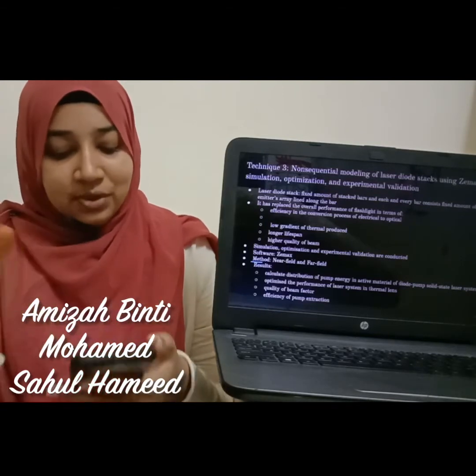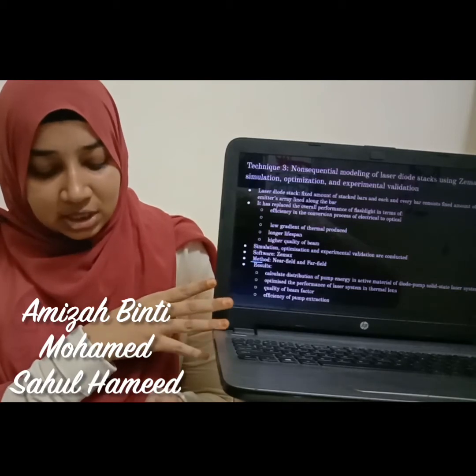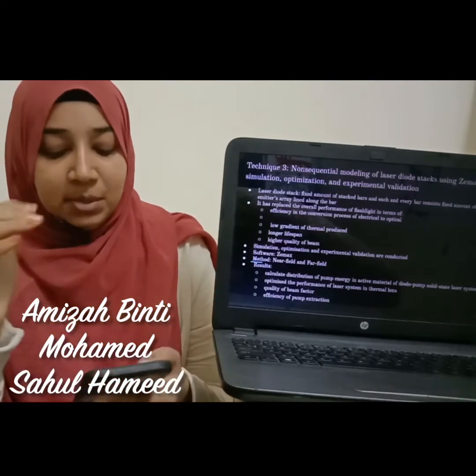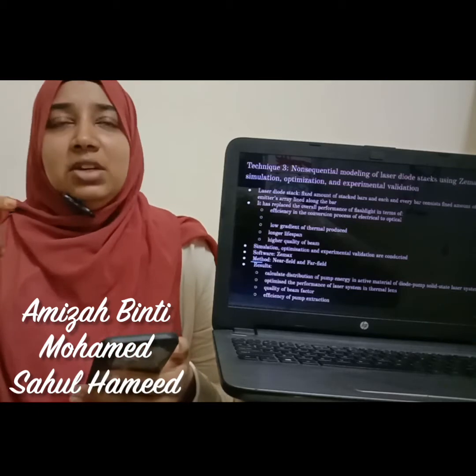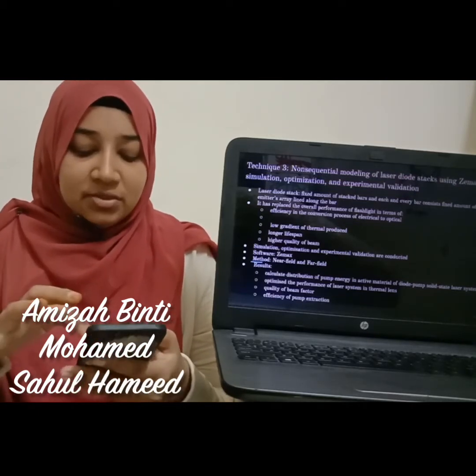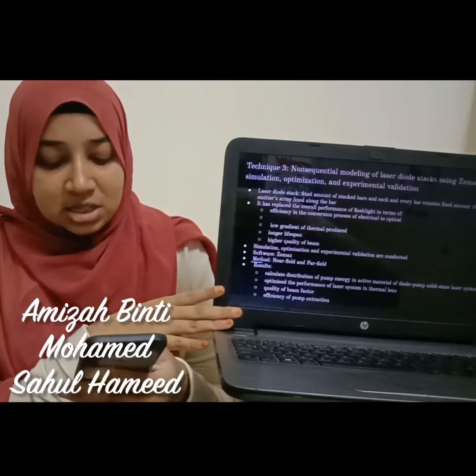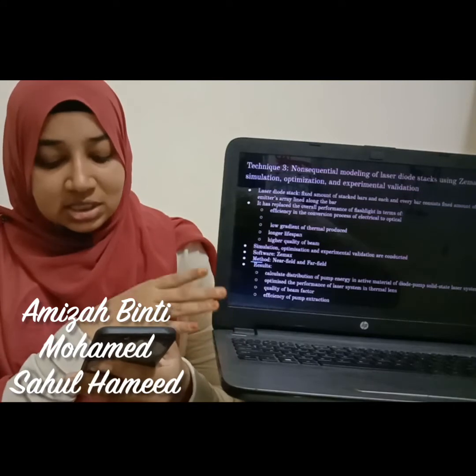Okay, they use the software Zemax, and the approach they use here is near field and far field. Near field is a shorter distance and far field is a longer distance. And the result they got is that they can calculate the distribution of pump energy in the active material of a diode solid-state laser system.